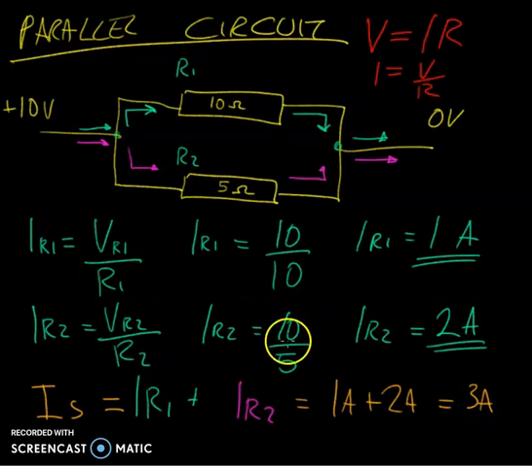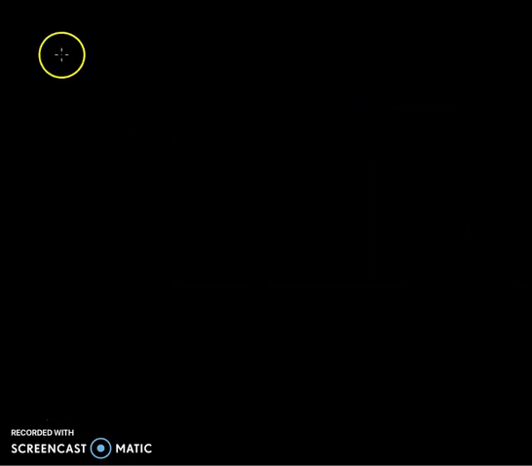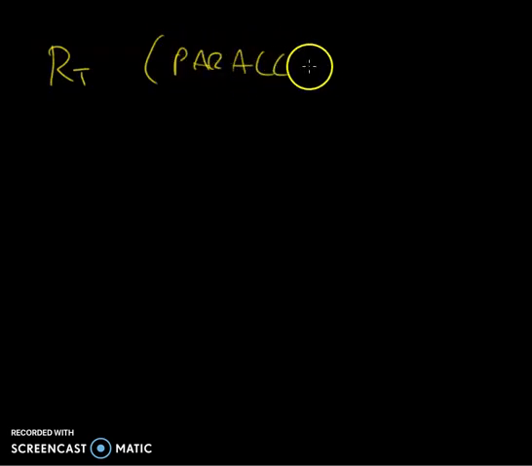But there's one thing left to do. We don't know what the total circuit resistance effectively is. So let's have a look. RT, and this is in a parallel circuit. Why are we using that weird formula? Well, let's use the same circuit.